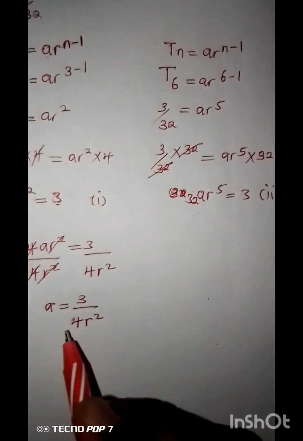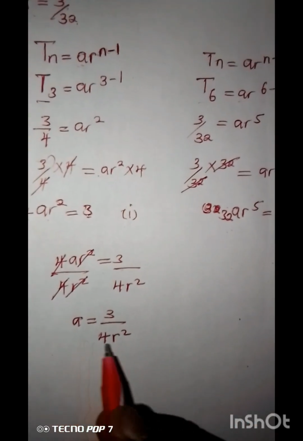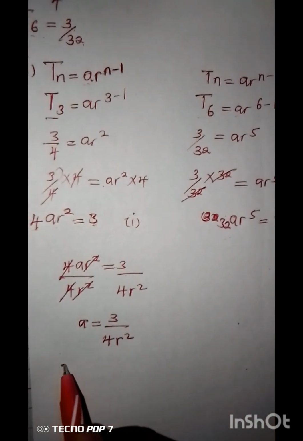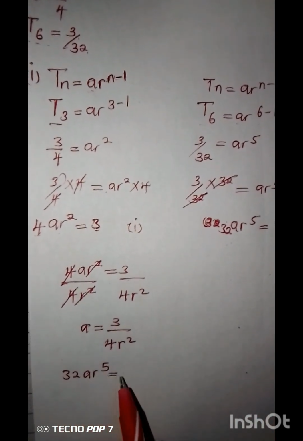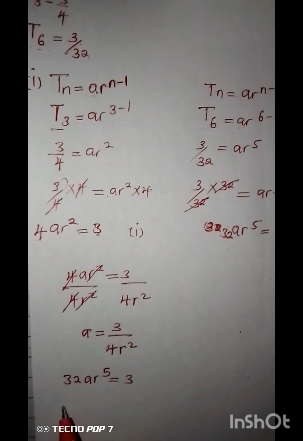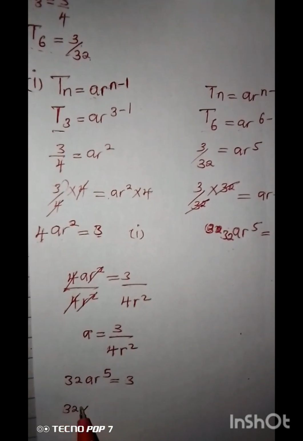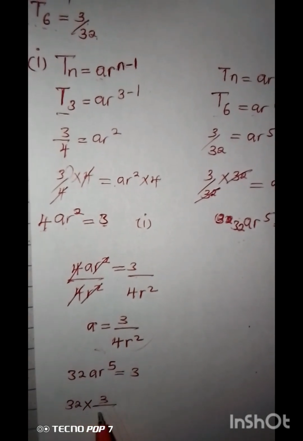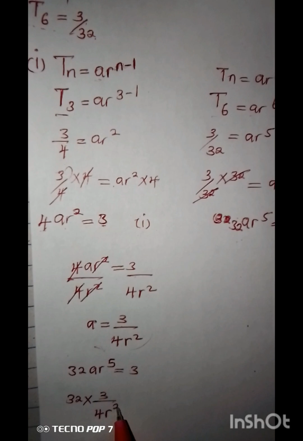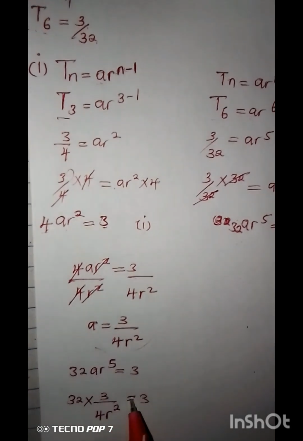So then, what are you going to do? After you get equation 2, you have 32 a r to the power 5 is equal to 3. So here, for a, you go to this one, then you write 3 over 4 r to the power 2, is equal to 3.